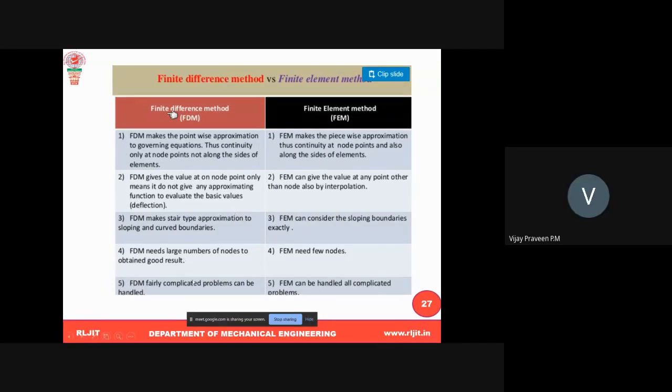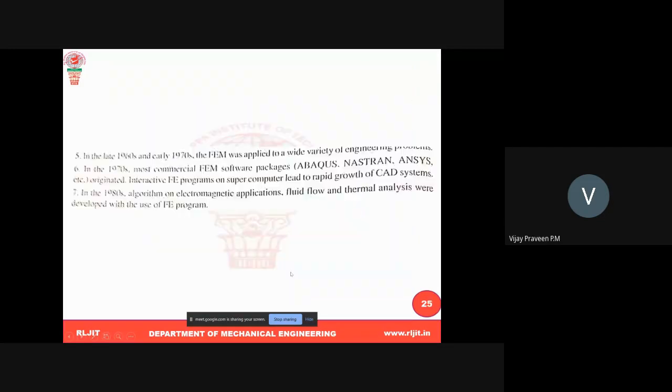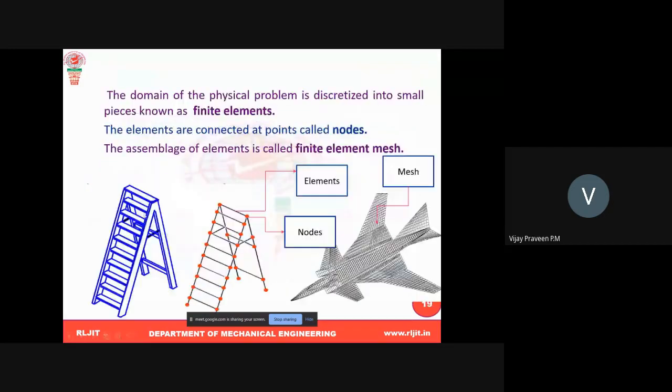With FDM, fairly complicated problems can be handled, but FEM can handle any type of complicated problem. The main difference between FDM and FEM is that FDM, the finite difference method, is a point-wise approximation. Suppose this is my geometric model and I need to calculate the values for this structure. I should divide it into a number of nodes, not elements, nodes.